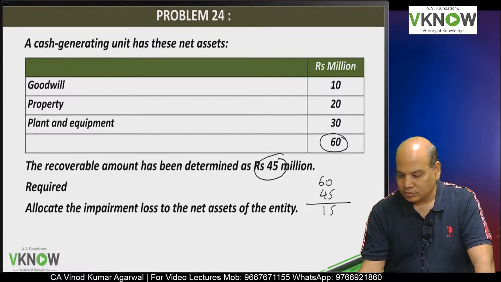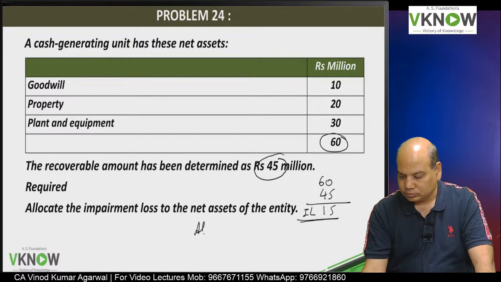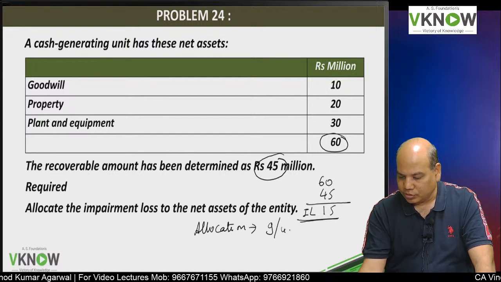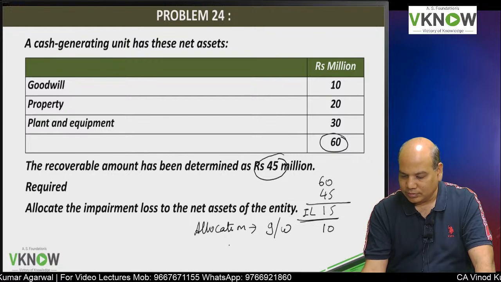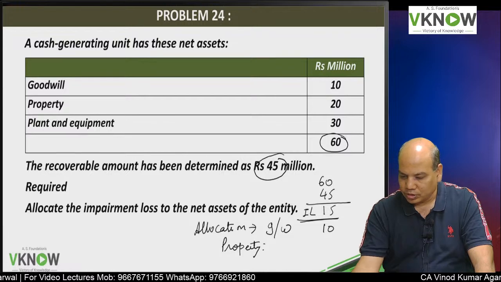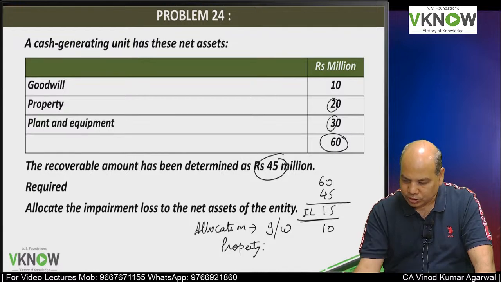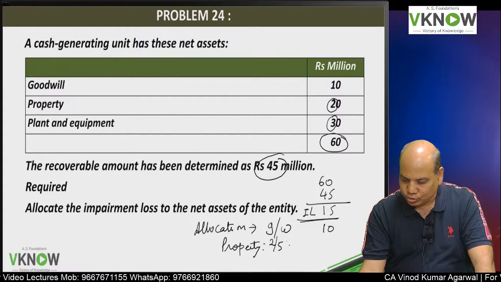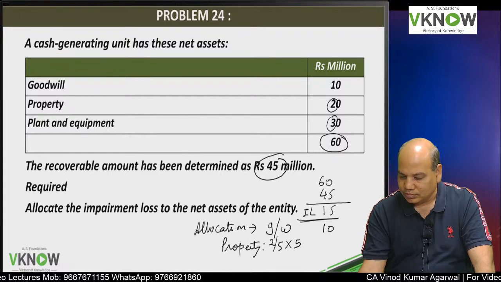Impairment loss 15. Allocation: first goodwill 10, then property and plant in the ratio of 2:3. 2/5 into the remaining.